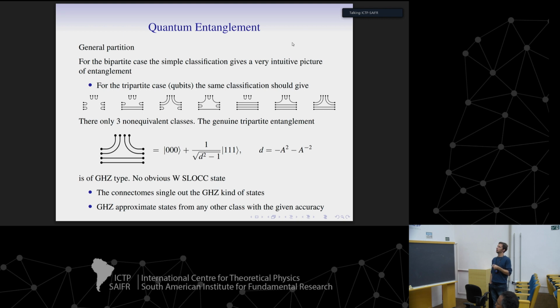So there's only one truly 3-way entangled state here, and you can compute it explicitly. This is an analog of the so-called Greenberger-Horne-Zeilinger state, GHZ. And you don't find the W state in this classification.